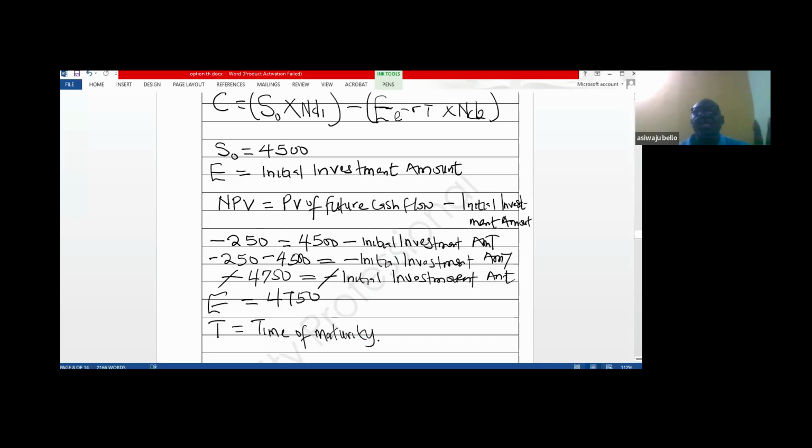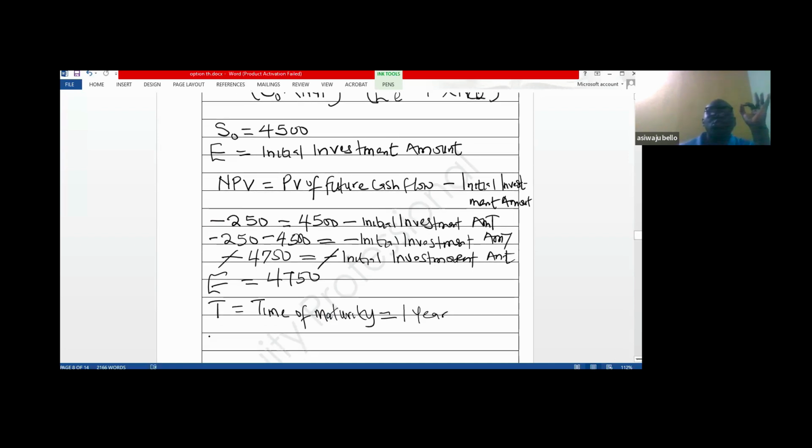Time to maturity. What is the maturity of the option? 12 months. That is equal to 1 year. Your T is 1. Your R, what is the risk-free rate?